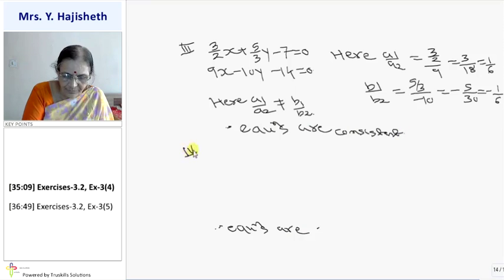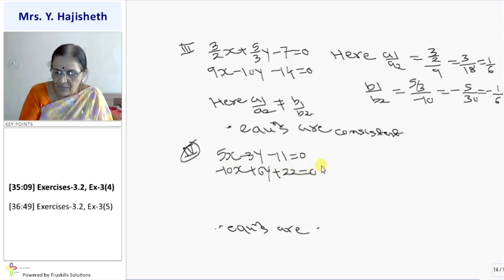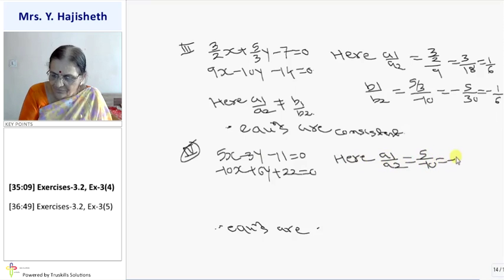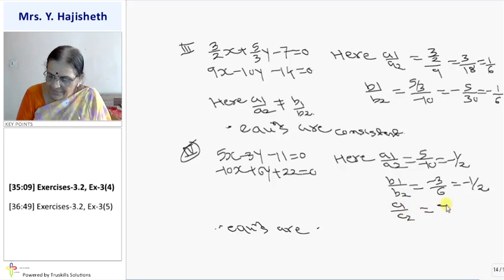Now let us take the fourth sum. It is 5x minus 3y minus 11 is 0 and minus 10x plus 6y plus 22 is 0. So here A1 by A2 is 5 by minus 10, so it is minus 1 by 2. And B1 by B2 is minus 3 by 6, that is also minus 1 by 2. Clear? And C1 by C2 is minus 11 by 22, that is also minus 1 by 2.